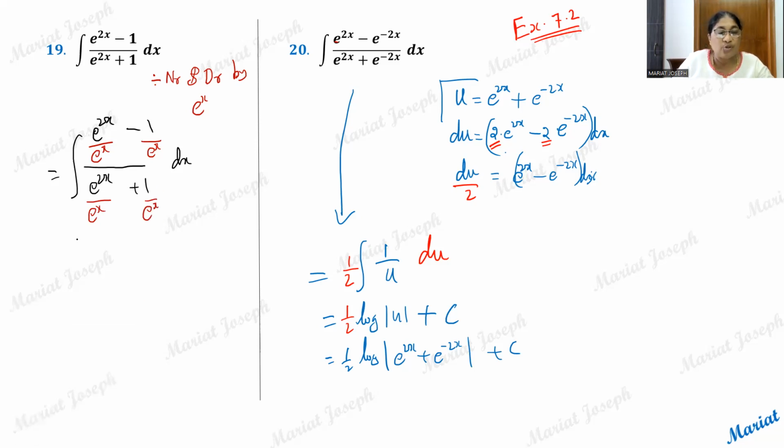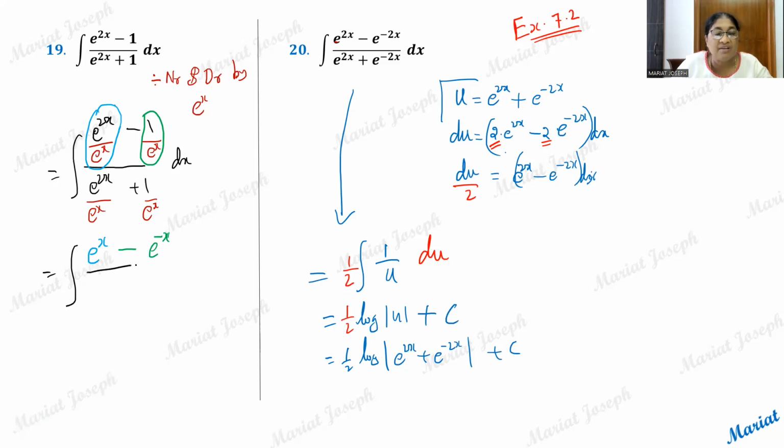What is the benefit of it? What has it become? What is e raised to the power 2x upon e raised to the power x, Ishita? E raised to the power x. Yes, power subtracted. Now, what about the next one? What is 1 upon e raised to the power x? E raised to the power minus x. Yes. And in between there was a minus.